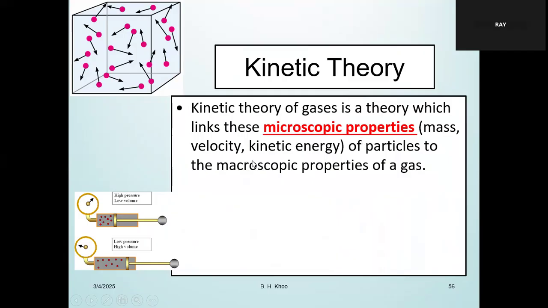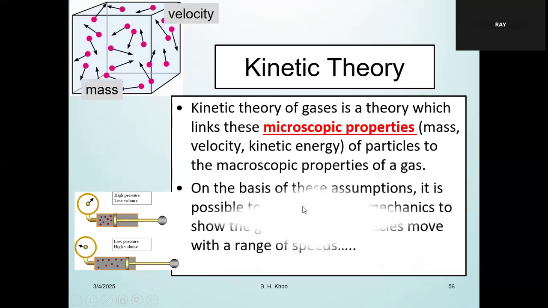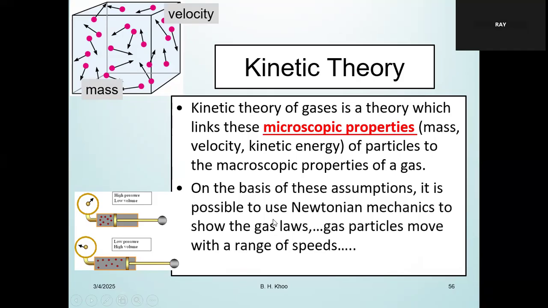So we use these microscopic properties to explain the macroscopic properties. On the basis of this assumption, it is possible to use Newton's mechanics to show the gas law. Gas particles move with a range of speeds.